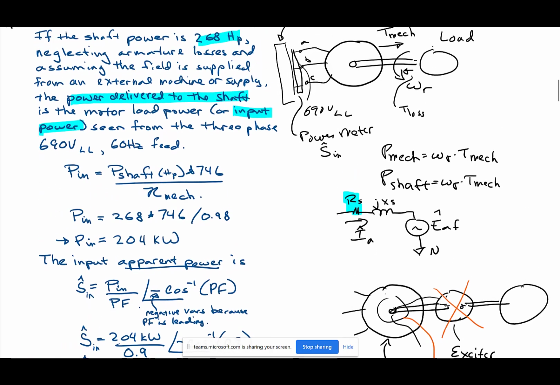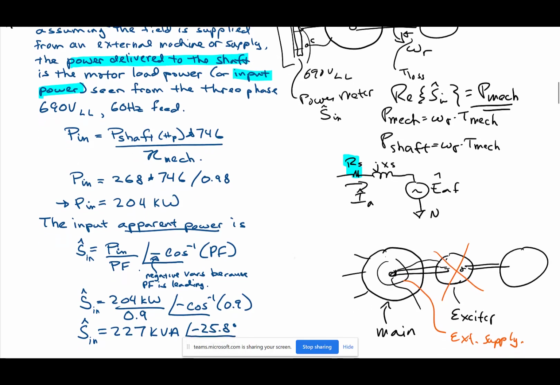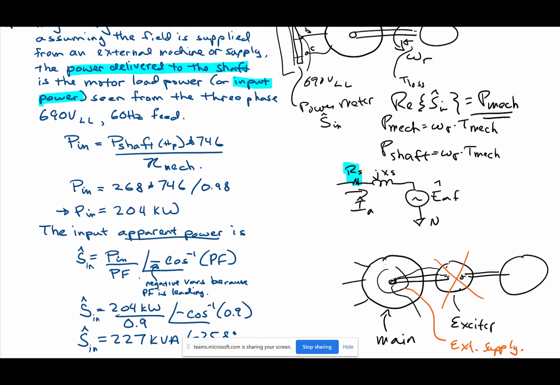So if that's the case, the input power, essentially the real part of S looking from the input, is going to be equal to P mechanical. That's because we're neglecting all these electrical losses. So we can just work our way back from the shaft to the input power.